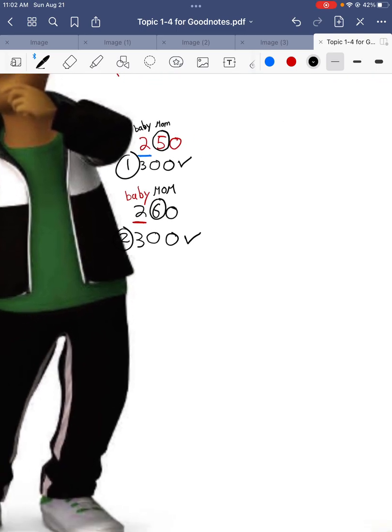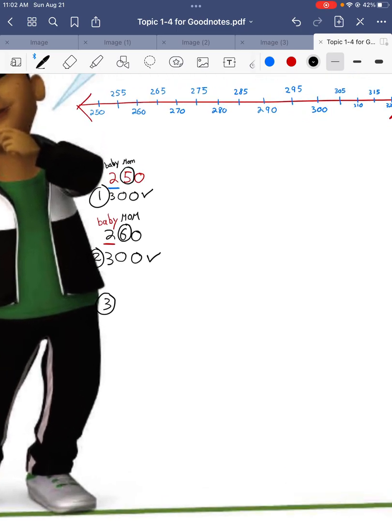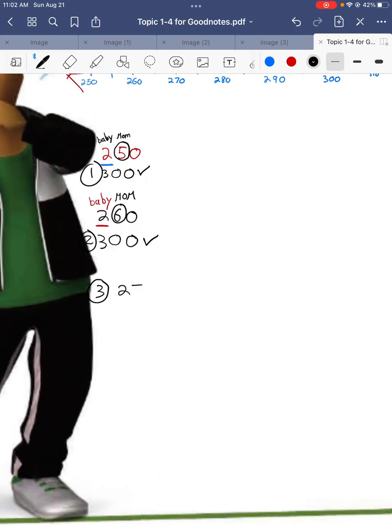Let's see, do another one. Next one is 270. Okay, I underline the baby. That's the one that I'm rounding. I circle the number to the right. That's the mom. The mom tells the baby if it rounds up or stays the same.